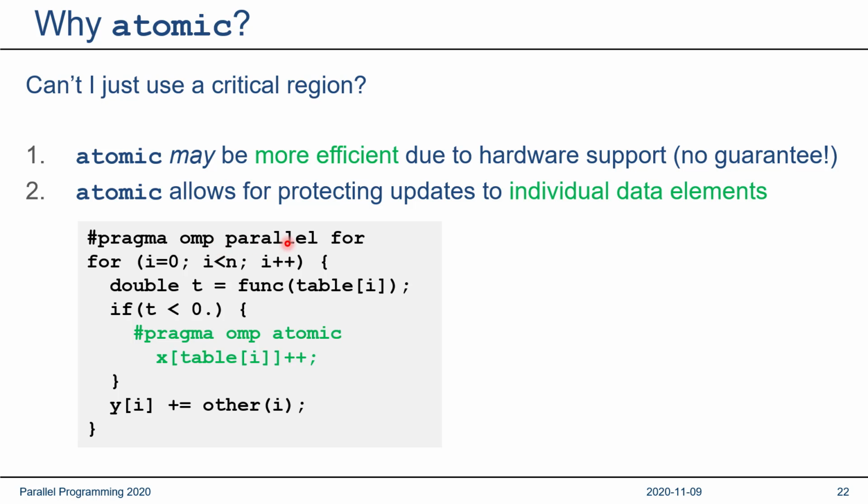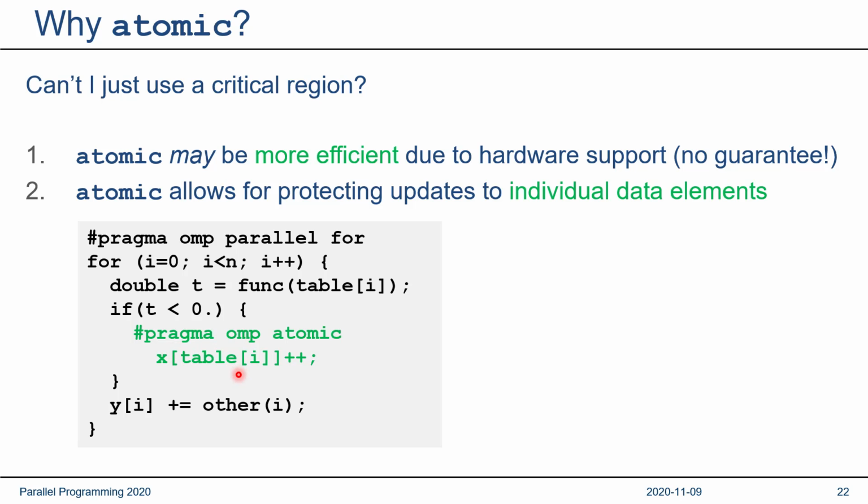We have a parallel workshared loop over I. We calculate the temporary variable t by calling a function, and this function gets as an argument a table entry of index I. Depending on the outcome of this function, whether it's smaller than 0 or not, we update a certain element of array X. And now here's where atomic comes in. Since we don't know the actual outcome of this table lookup, we don't know which of the x's will be incremented when t is smaller than 0.